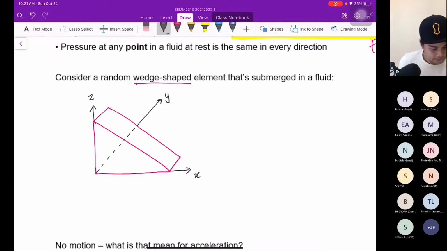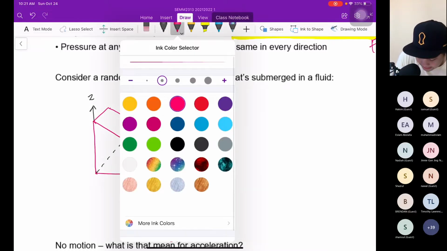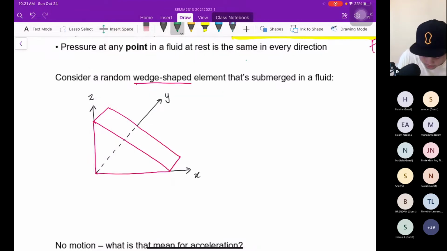So what happens is definitely we have pressure exerted on the surface of the wedge. Let's say we have the pressure as this one, the green color. We have the pressure normal. Remember the pressure must be normal.